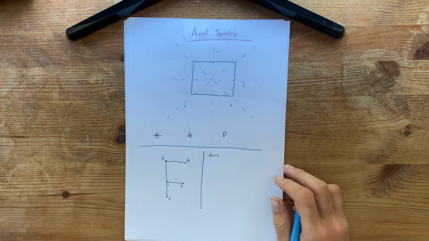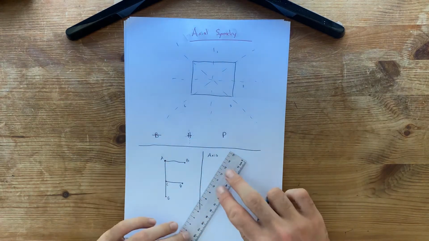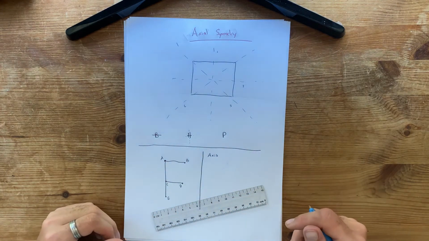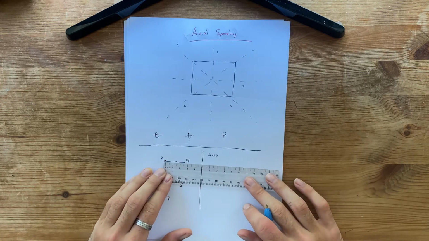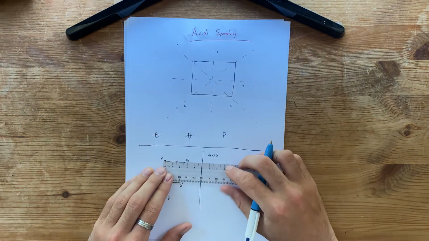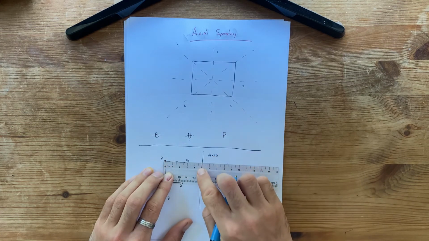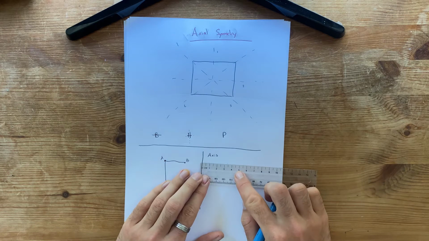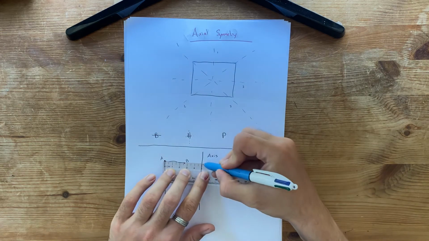Okay. I'm going to take my ruler here, and if you're doing this on square paper, it's probably a lot easier, but I don't have any square paper right now, so we're going to do it like this. And we measure the distance from the point A to the axis, which is 5 centimeters, and then we keep that in line, and measure out another 5.